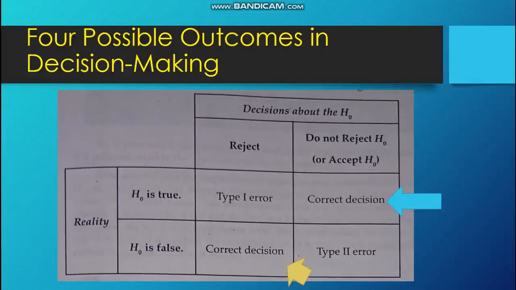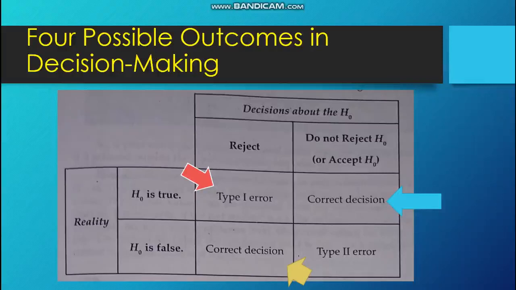Now, what if the null hypothesis is true and then your decision is to reject the null hypothesis, nagkakameron ka ng type 1 error. Kasi it should be accepted pero nireject mo yung null hypothesis.